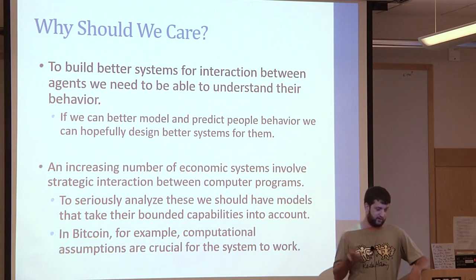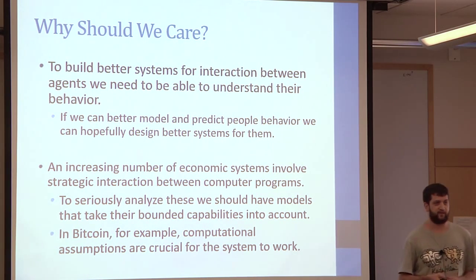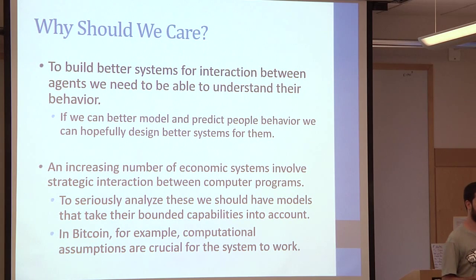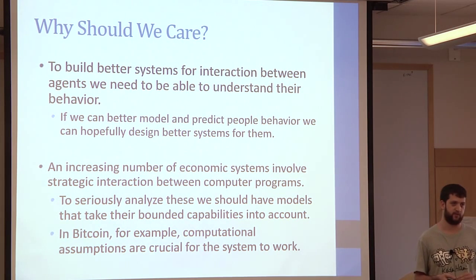So why should we care? There are two main reasons. First, if we want to build better systems, we want to be able to predict how people will use them and how people will behave. If we can better model what people do and predict it, we hopefully can build much better systems for them to use.